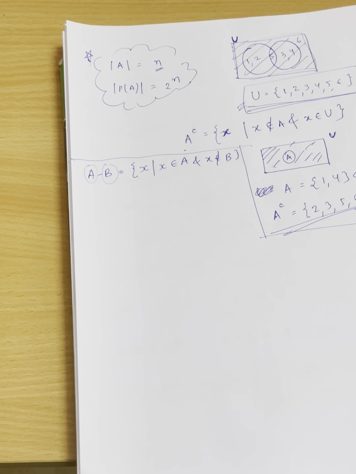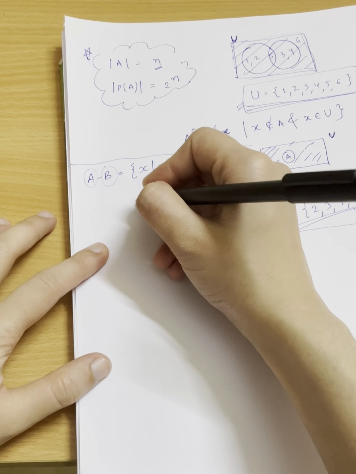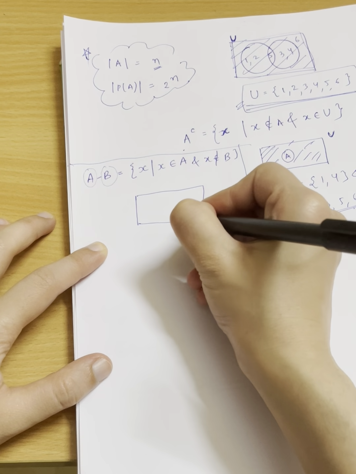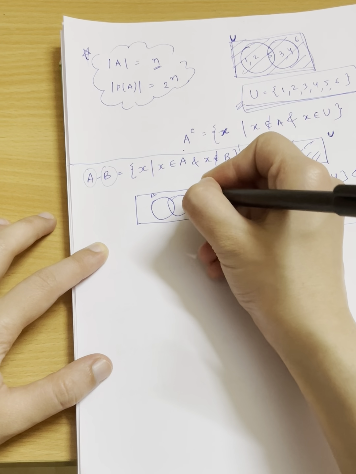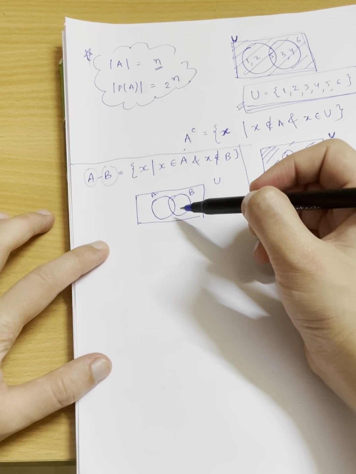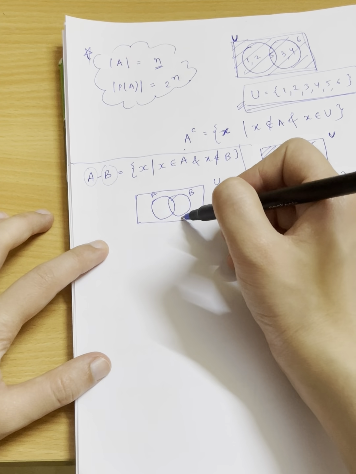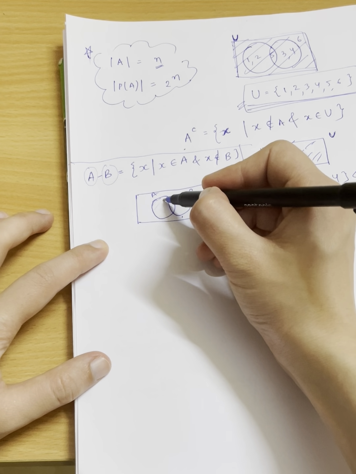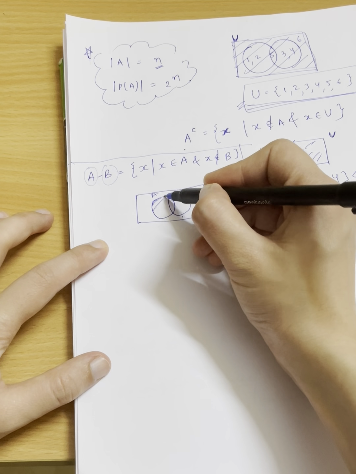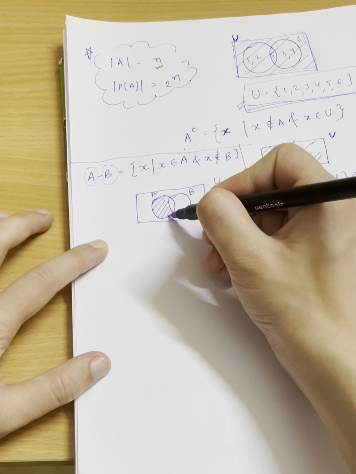Let's take an example and understand by Venn diagram. So this is our universal set, and this is set A and this is set B. Set difference means those elements which are present in A but not in B. So this is set difference.